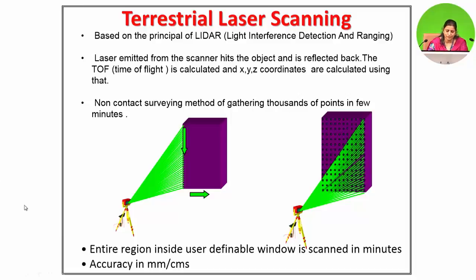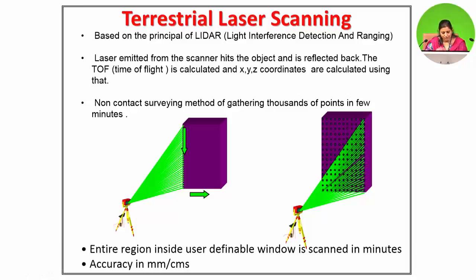So you can see here the instrument sends thousands of beams. These beams are reflected from the object, return back to the instrument, and the time of flight is noted down. And like this, it goes on scanning the entire area, entire object, and we are able to generate a very dense point cloud.